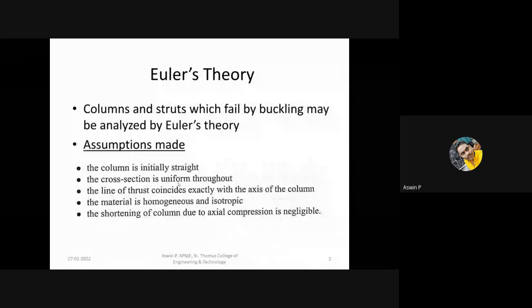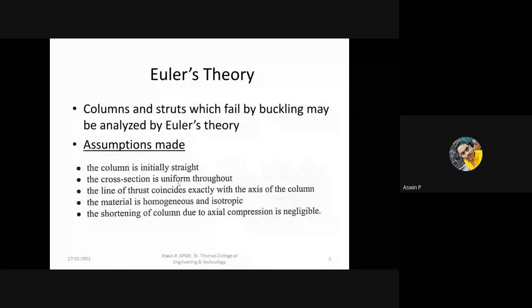Next point: the material is homogeneous and isotropic.